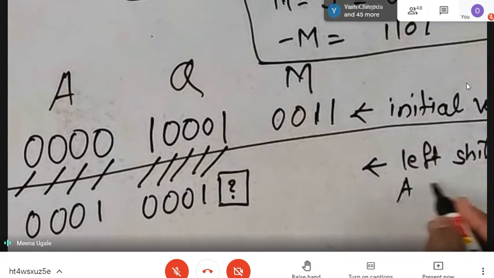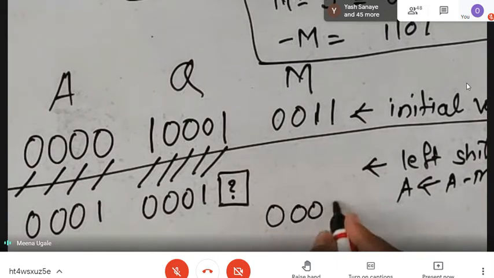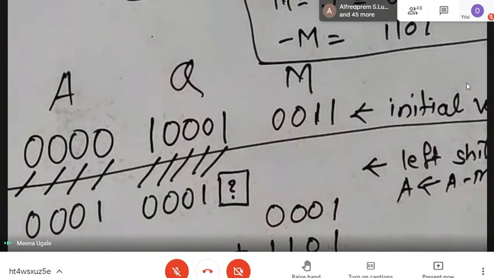Then go for A equal to A minus M. Value of A is 0, 0, 0, 1 plus minus of M. You are getting 1, 1, 1, 0.